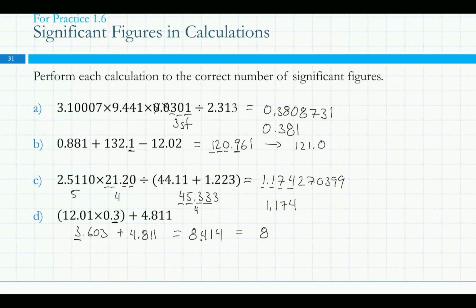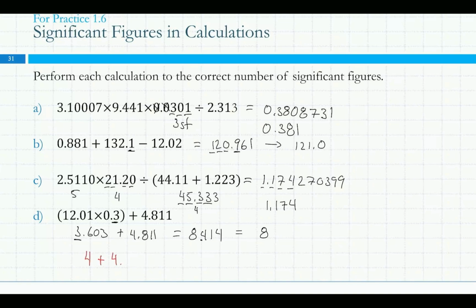This one's also a good example of why we can't round in between. So if I take this 3.603 and I'm stopping at the 3, if I round this, it becomes 4. And now I've got 4 plus, actually here, let me do this in red because it's wrong. So this, if we round it, becomes 4.